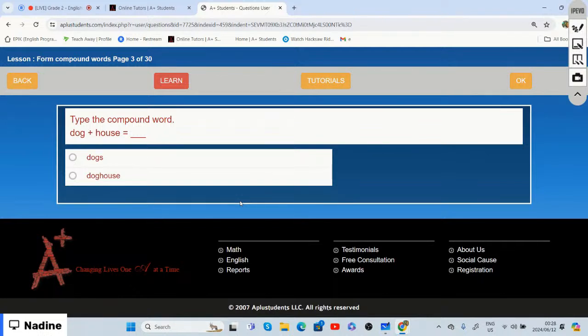So notebook is correct. Well done. A dog plus house. Dog plus house. All right, so dog plus house, is it option one, which is dogs, or option two, which is dog house?